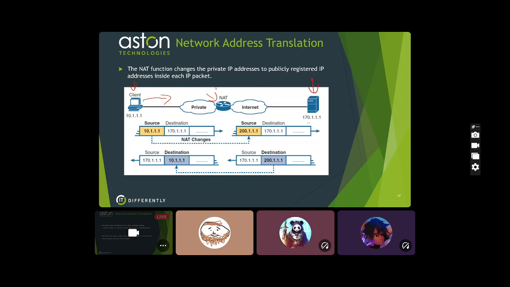So we see that, okay, we've got 200.1.1.1, that's an available address. We're going to rip off your layer 3 header, record that information in the NAT table, and we're going to build you a new layer 3 header with 200.1.1.1 as your source IP address. Fire that out into the internet, it gets to our server, does whatever it is that we're asking it to do, and it sends a response.